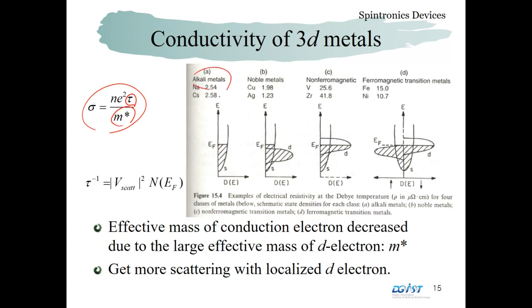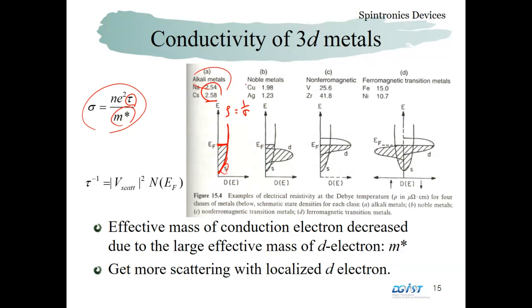In an alkali metal, we have only s electrons, and this is the density of state. Because of the s character, the s band has such a parabola shape, and the conduction electron is important at the Fermi level. So generally, this alkali metal has a very good conductivity, meaning a small resistivity. This is the resistivity, sorry, the inverse of the conductivity. So if it is small, it means the conductivity is large.